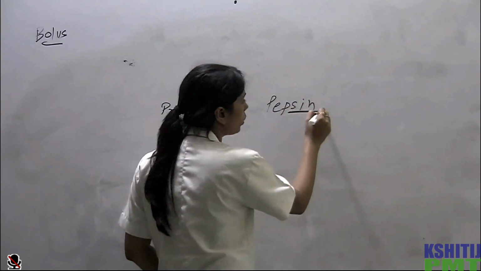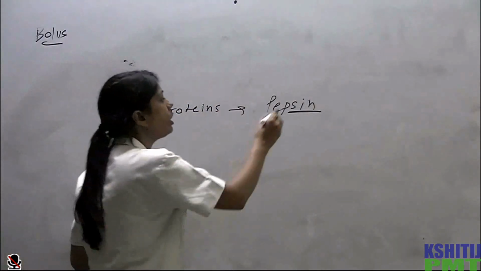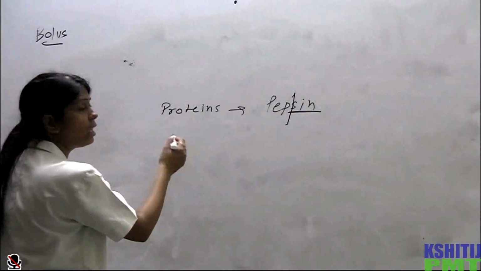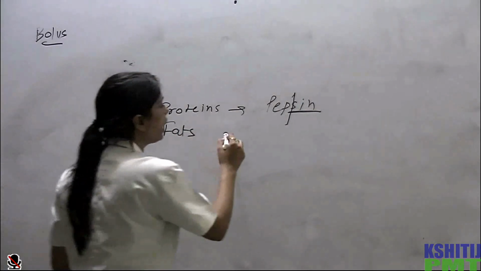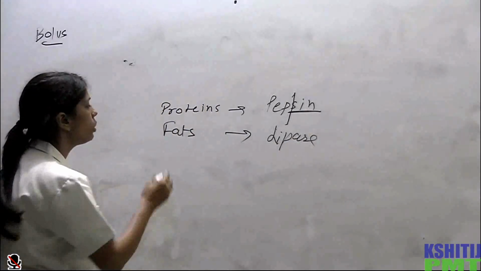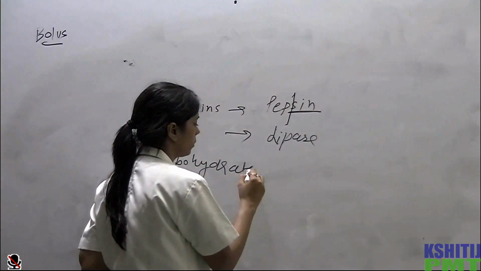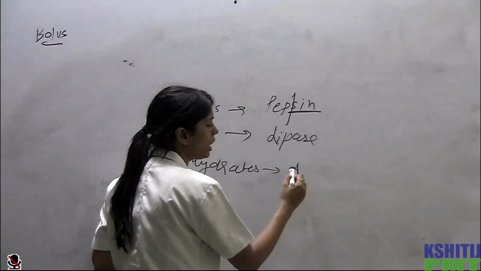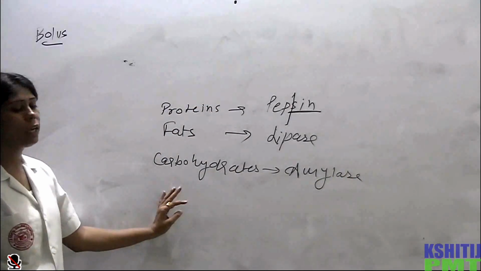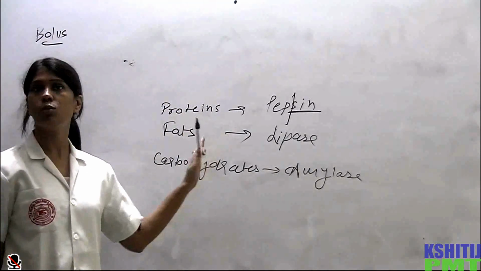Any enzyme which is acting upon fats will end with the word "lipase", and any enzyme which acts upon carbohydrates will end with the word "amylase". Am I clear with this? There are exceptions. That's why I use the term generally here.